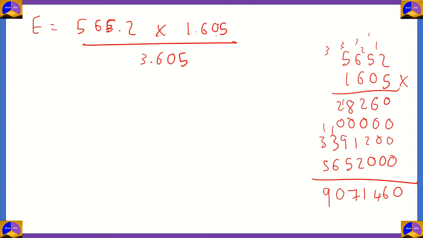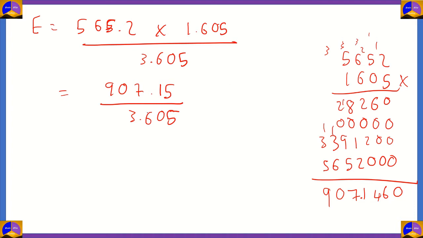Now you have 3 decimal points on one factor and 1 decimal point on the other factor. So when you multiply that, you'll get 4 decimal points. So when you take 4 decimal points backwards, you will get the product on the numerator as 907.15, approximating, and then divided by 3.605.